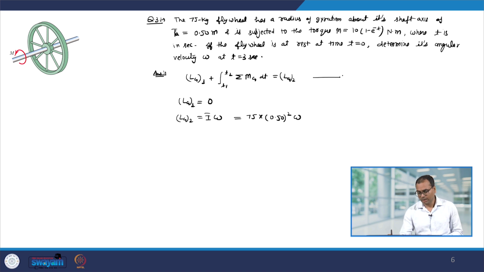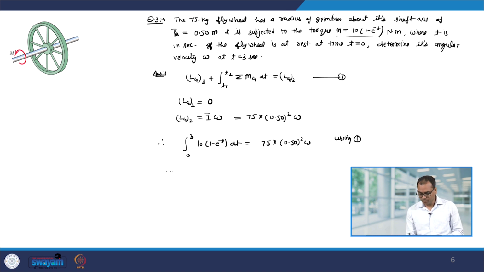Okay. So, let us use equation number 1. So, therefore, we have the integral from 0 to 3 of M, which is 10 into 1 minus e to the power minus t, dt equal to 75 into 0.50 square into omega. This is using equation number 1.